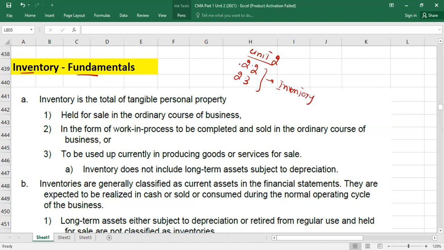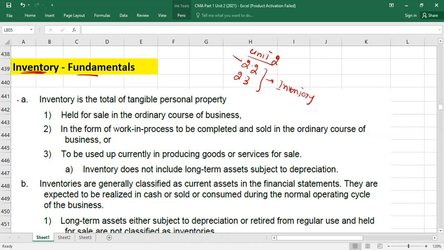So we are going to start 2.2. This is called inventory. In this topic, we are going to talk about accounting aspects of inventory, and how to report the inventory in our financial statements.